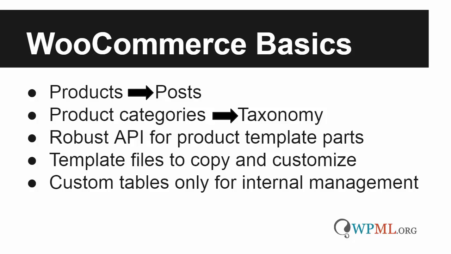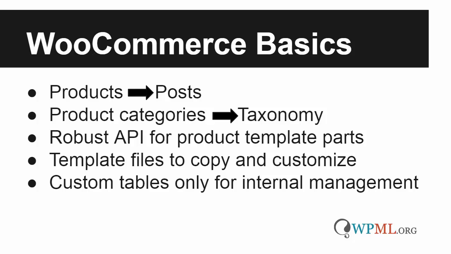We have products, which are actually implemented as WordPress posts, product categories, which WordPress implements as taxonomy. We have a robust and excellent API for product templates. We have template files which you can copy and place with your theme, then customize them.